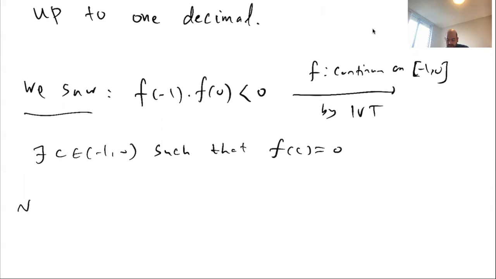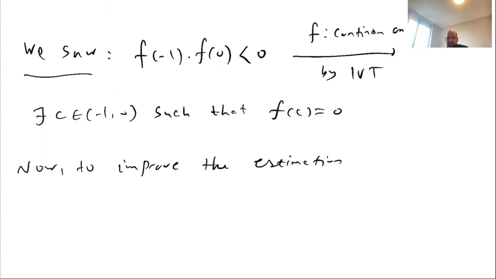Now to improve the estimation, what should we do? We have to consider the average of -1 and 0. We call it alpha 1. Alpha 1 equals -1 plus 0 over 2, which equals -1/2. So see, this is -1 and this is 0.